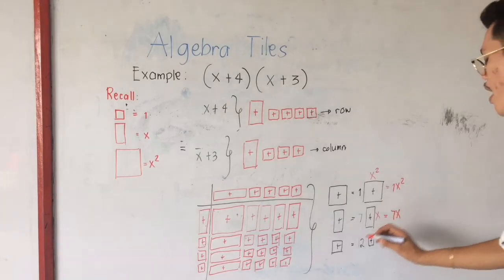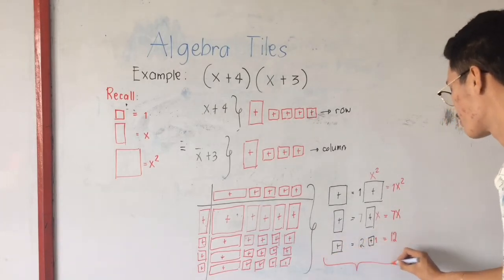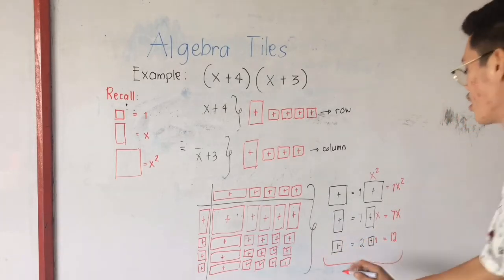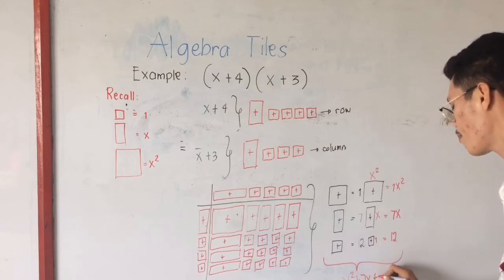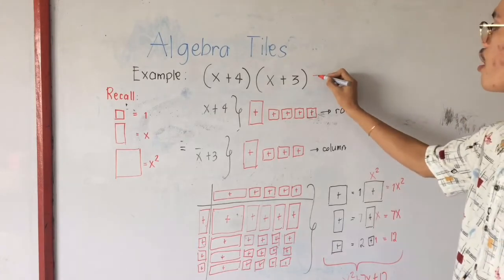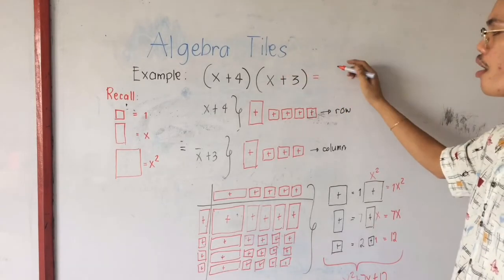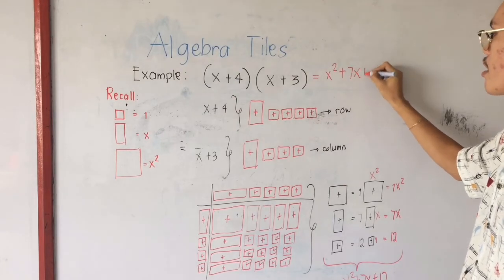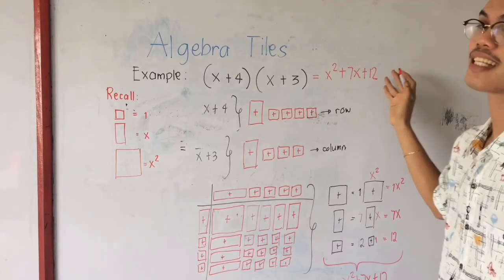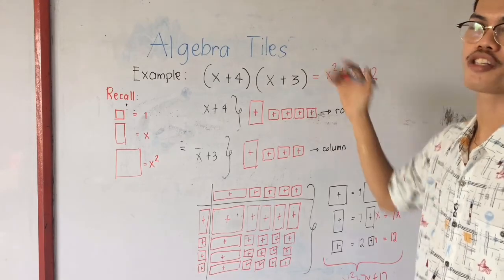So you have to combine it all. That becomes x squared plus 7x plus 12. Therefore, the product of this given problem is x squared plus 7x plus 12. That is using algebra tiles.